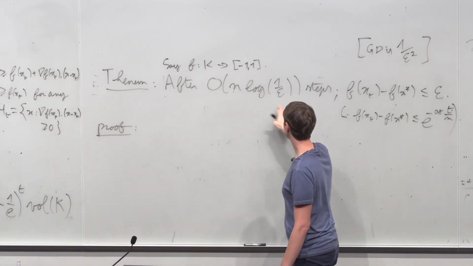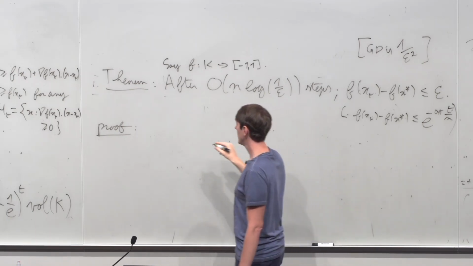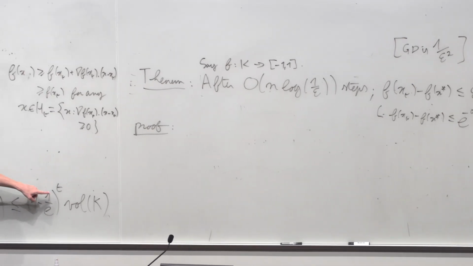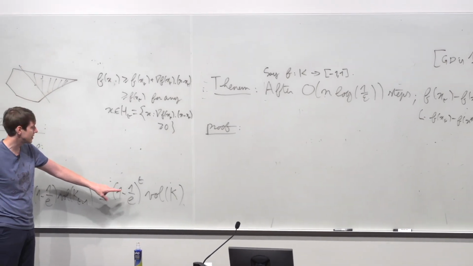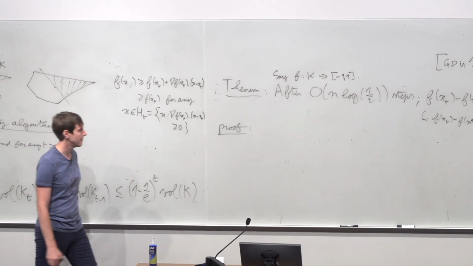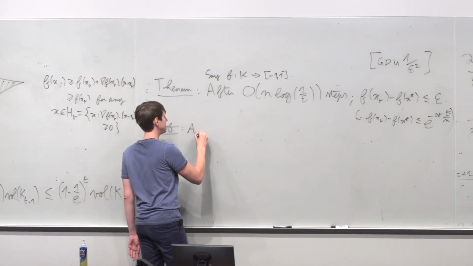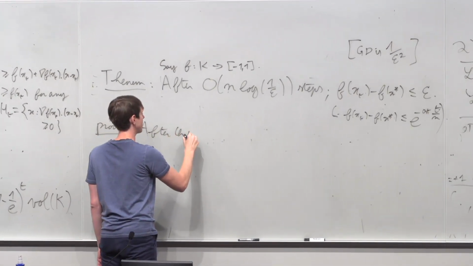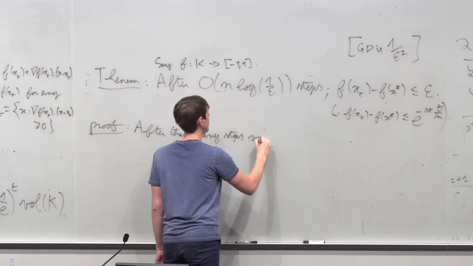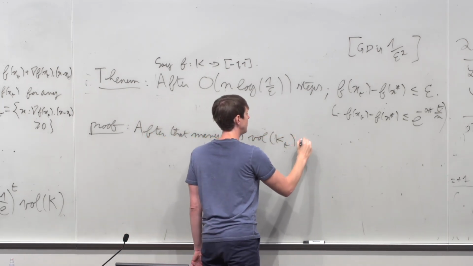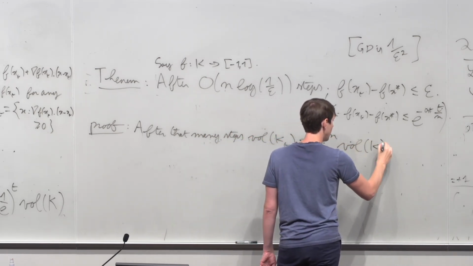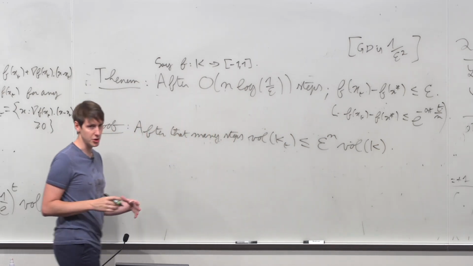So after that many steps, what do I know? If I do n log 1 over epsilon steps with some constant, then the volume is going to be as small as epsilon to the n times the volume of K. So after that many steps, the volume of K_t is smaller than epsilon to the n times the volume of K. So you get some tiny region.